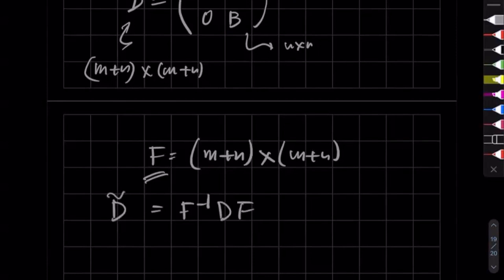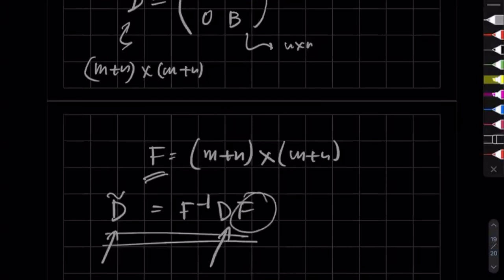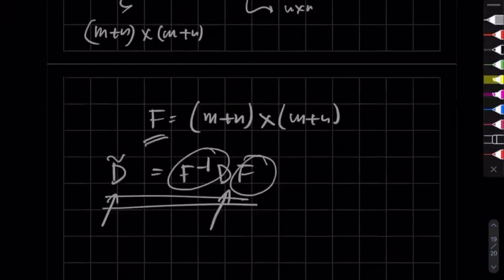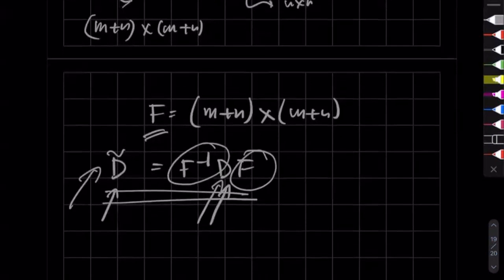The thing is that the eigenvalues of this matrix and the eigenvalues of this matrix are the same, right? Because if I take the determinant of this guy, this guy is going to cancel out. And the trace of this matrix and the trace of this matrix is also the same, using the cyclicity of the trace. So morally speaking, the matrix D tilde and the matrix D are the same.